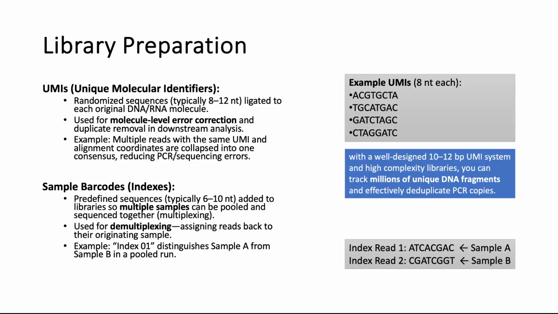After that, we are using sample barcodes to identify certain samples through the whole reads, so we can combine multiple samples in one library and later understand which reads are corresponding to which sample in this library.